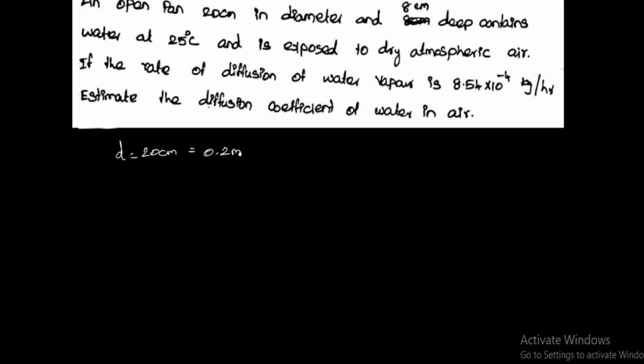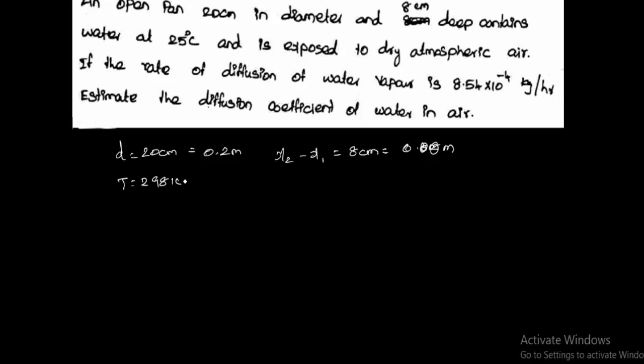So the depth x2 minus x1 equal to 8 centimeter, which is equal to 0.08 meter. The water is at 25 degrees Celsius, so T equal to 298 Kelvin, and it is exposed to dry atmospheric air.